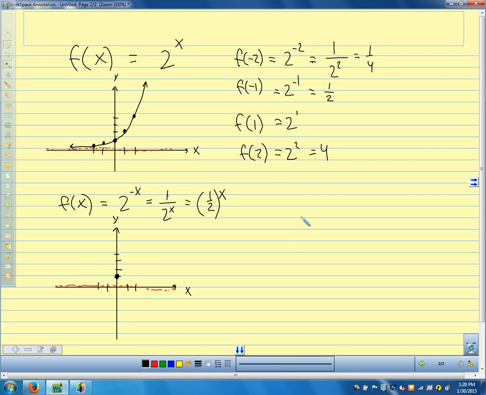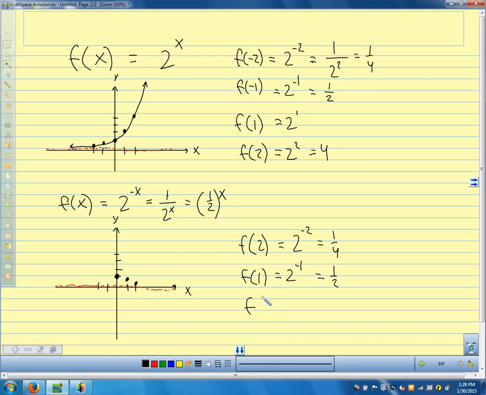And now let's calculate some values here. So I'm going to do f of 2 equals 2 to the minus 2, which we said was 1/4. So here I get a point down here. F of 1, 2 to the minus 1, 1/2. So I get a point there.